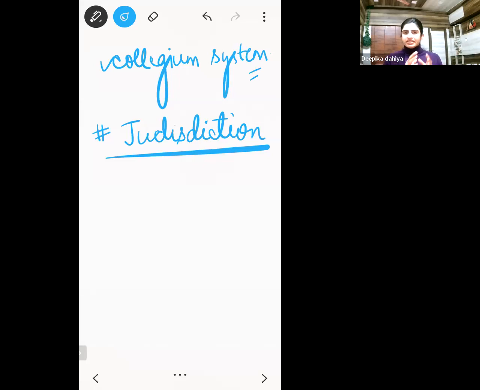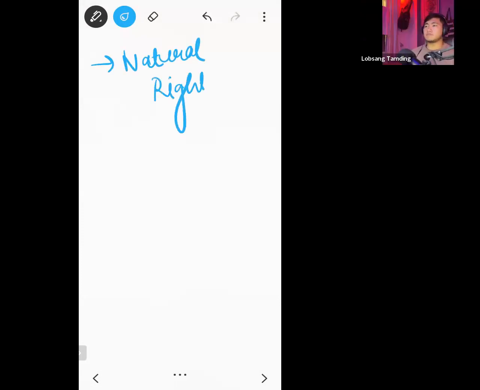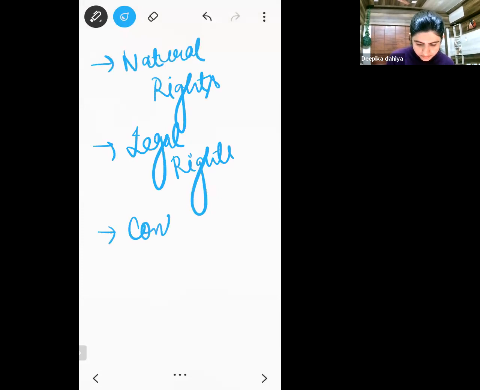What is the difference between natural rights, legal rights, fundamental rights and constitutional rights? I'm giving you four terms. One is natural rights. Second is legal rights. Third is constitutional rights.